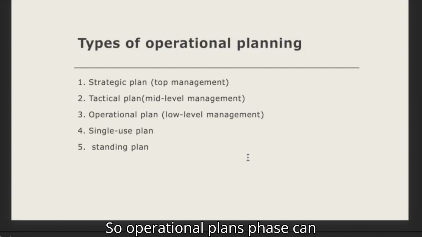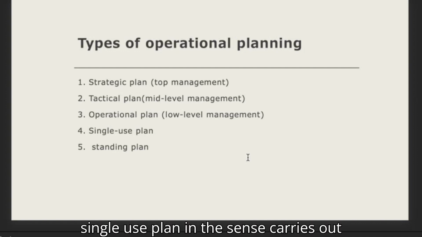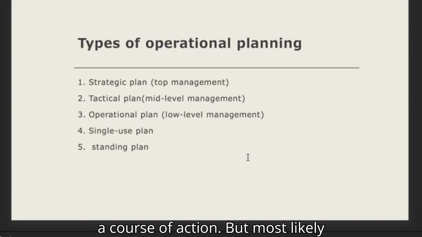So operational plans can be divided into two forms, a single use form and a standing form. A single use plan carries out a course of action that most likely will not be repeated in the future. Then that is the disposable thing.